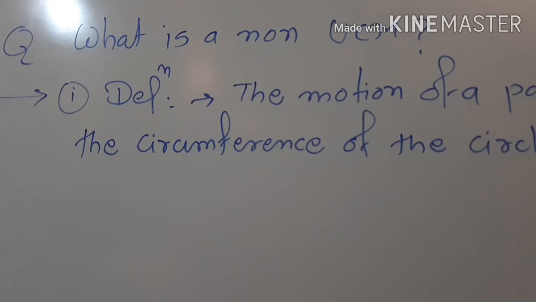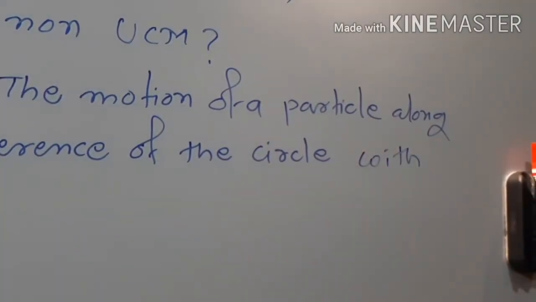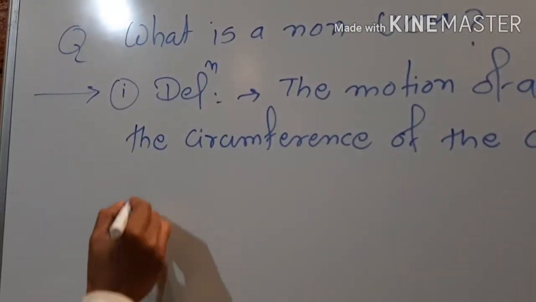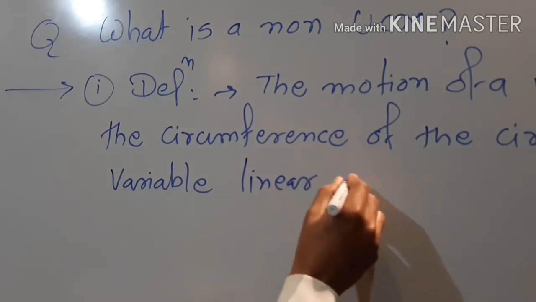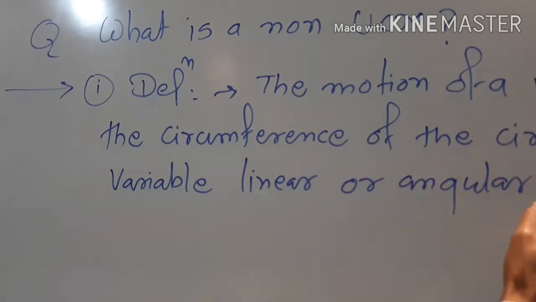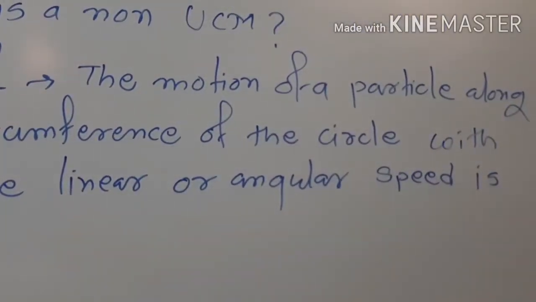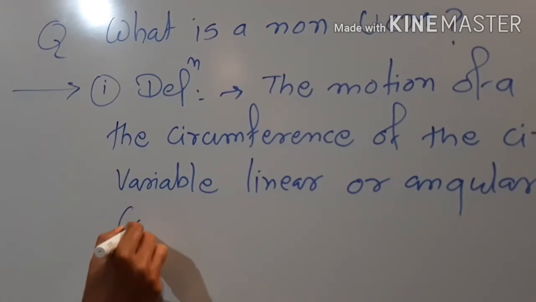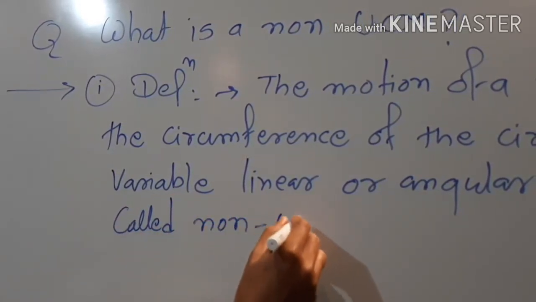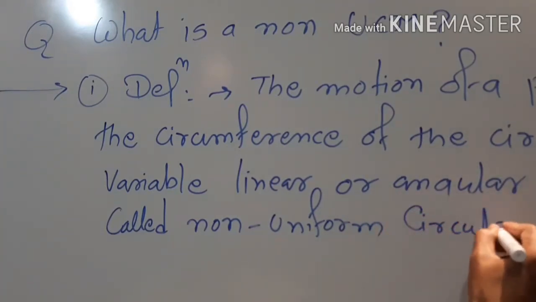Motion of the particle along the circumference of the circle with variable linear or angular speed is called non-uniform circular motion.